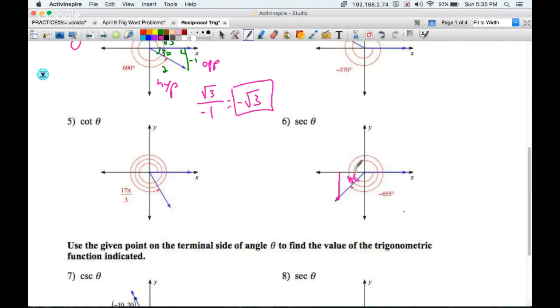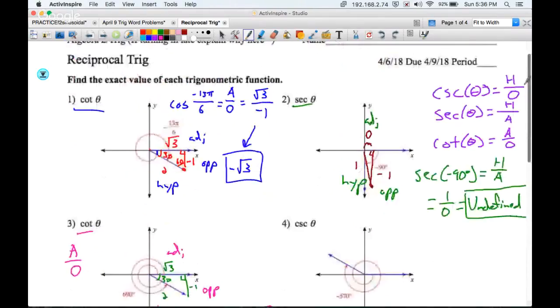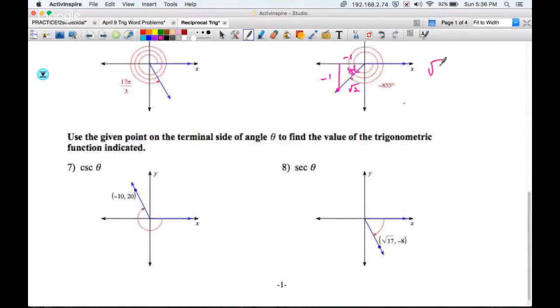So 45, 45, 90, giving us the side lengths 1, 1, and the square root of 2. Except we're going to make that a negative 1 because we're going down. I'm going to make this a negative 1 as well. Secant is hypotenuse over adjacent, so the square root of 2 over negative 1, which equals negative root 2. Double check that one if you want.